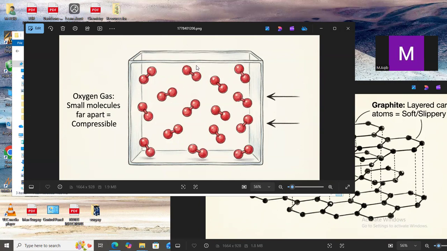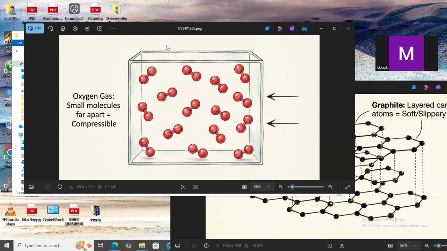So in O2, because this is a gas, it occupies a larger space, and hence it's compressible. Again, it's also because of how the atoms and molecules of oxygen are arranged in such a way that it's easily compressible.